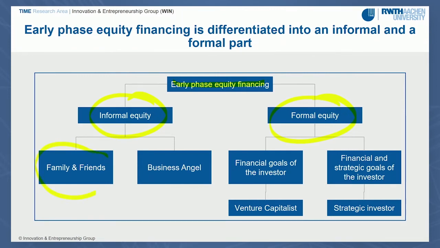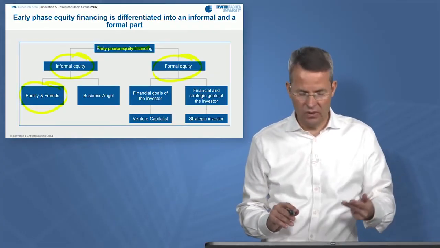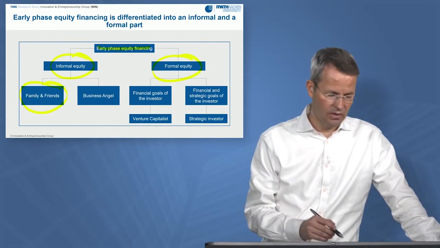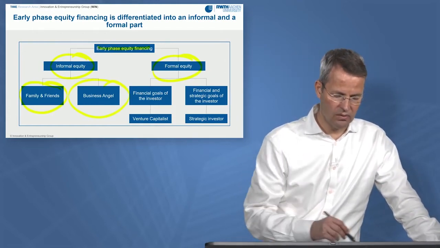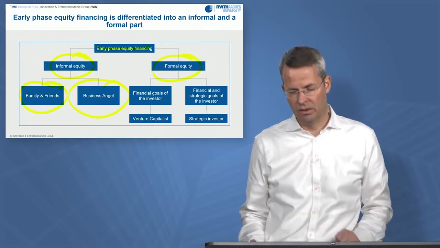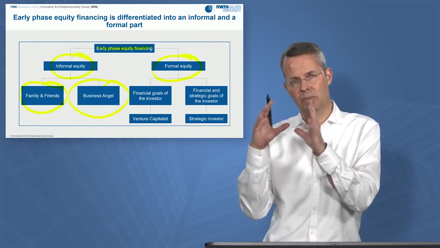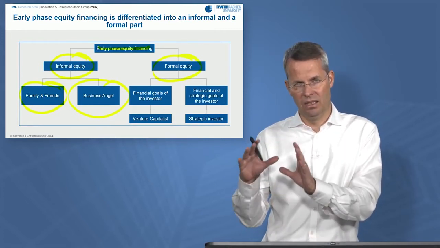And this starts with family and friends. In most cases, it's actually your own money as an entrepreneur. This is also why you sometimes call it the 3 Fs: founders, family, and friends. And if you need more, you go over and try to find business angels. But this is still called the informal equity capital, because it is private people who invest in companies.